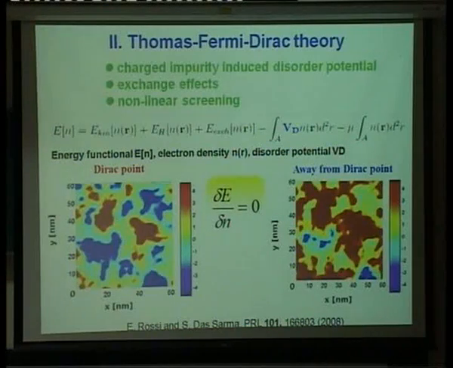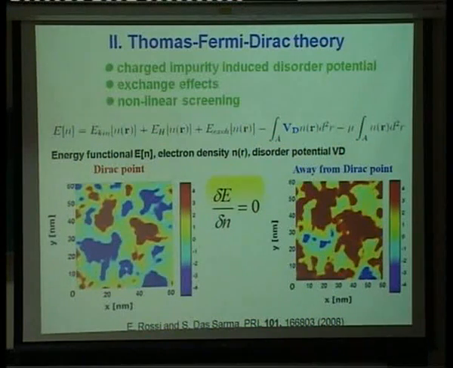Now, I knew the real calculation has to be a density functional calculation, which is very hard to do. It uses the theorem that Hohenberg and Kohn proved, that the ground state is a unique functional of the density.